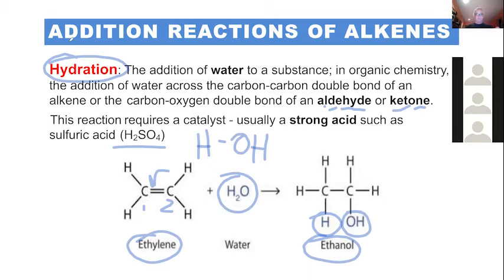With this one, the sulfuric acid makes that double bond even more reactive. It changes the distribution of electrons in that double bond, which then allows water to go in there and react with it.